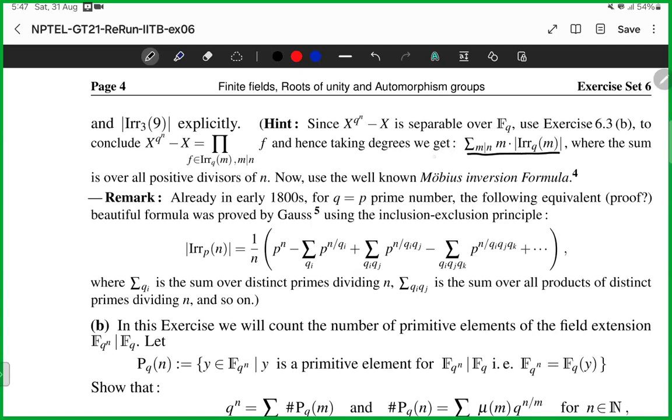This is our q power n. So when we take the inversion formula, it becomes the number of irreducibles of degree n equal to, sorry, because the inside function is m times the number of irreducibles, this should be n times this number. Okay, I understood. Let me write there.